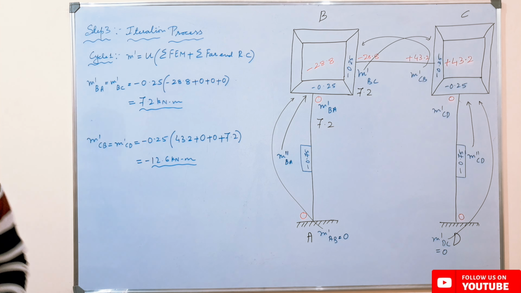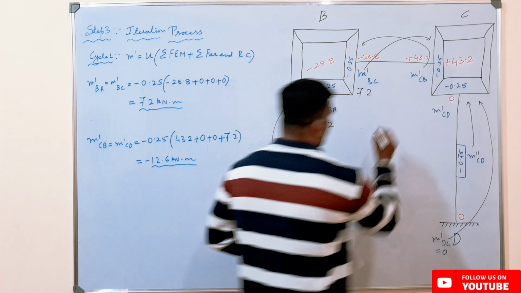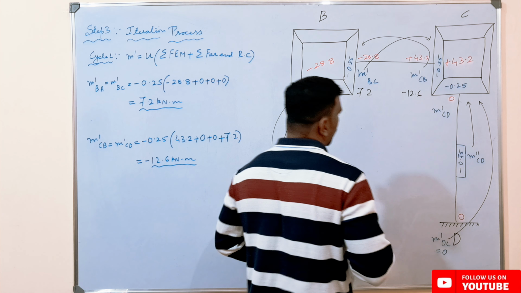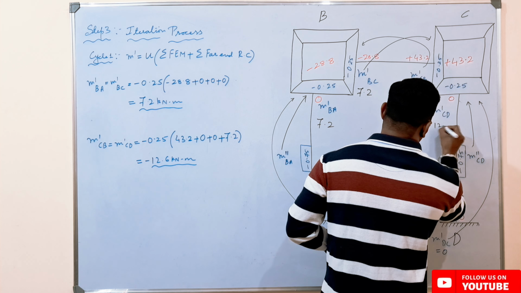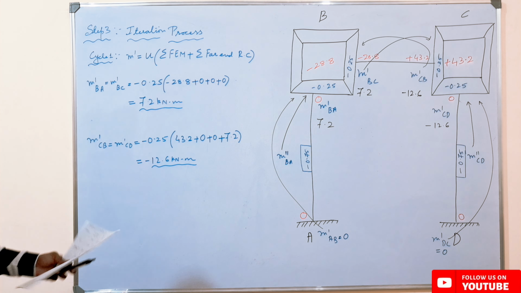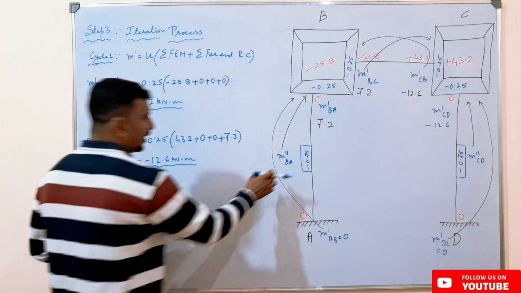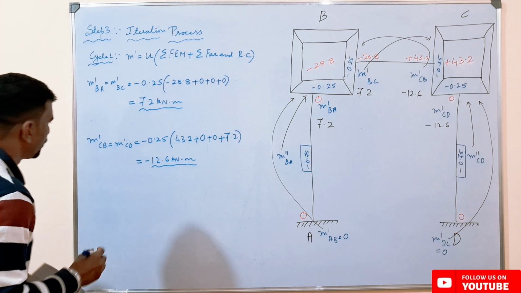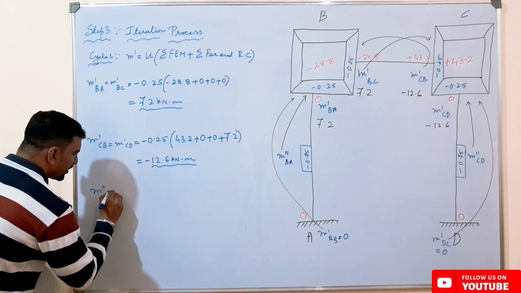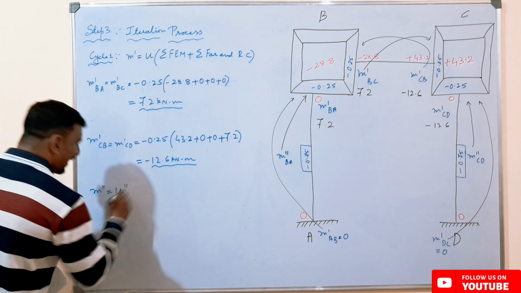So now this value we will provide over here, minus 12.6, here also it is minus 12.6. Now apart from calculating the rotation contributions, we also need to calculate the displacement contributions. The displacement contribution is given by the value u double dash.